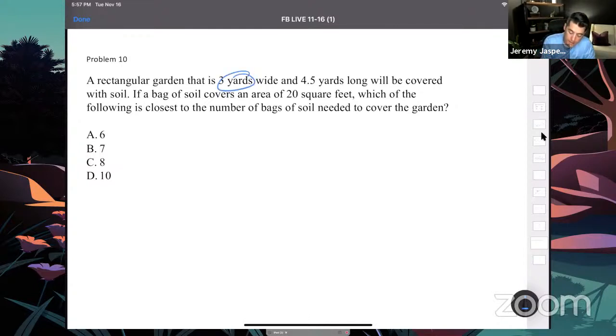I'm dealing in yards, and my bag covers square feet. So what am I to do? You should always convert, obviously, but what should you convert to? As you notice here, there are no units because the units are in bags.